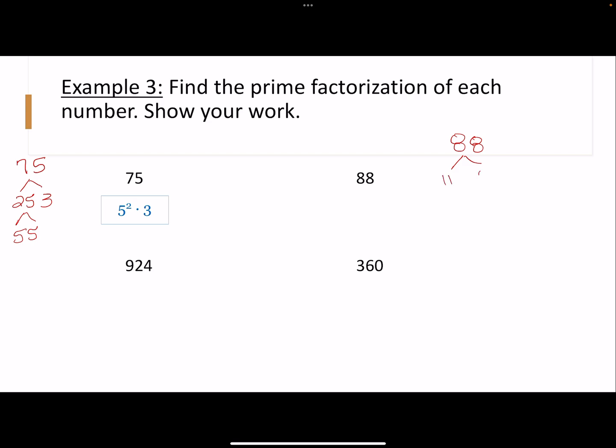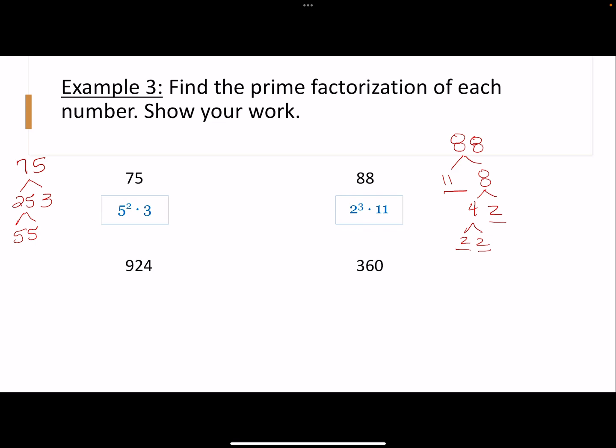I would probably say 11 times 8. 11 is prime, so I would stop. 8 is 4 times 2. And 4 breaks down into 2 times 2. So I have 2 to the third times 11.